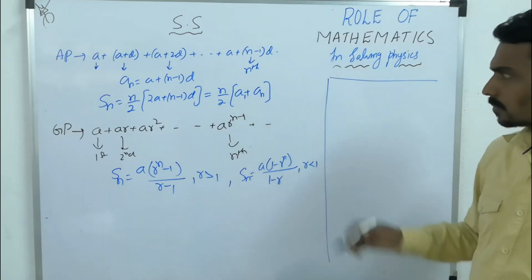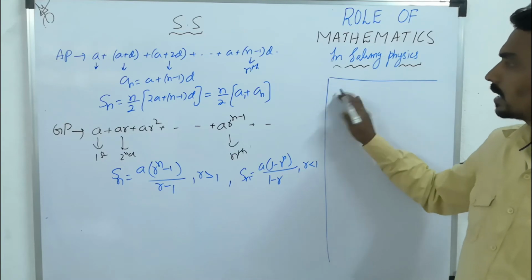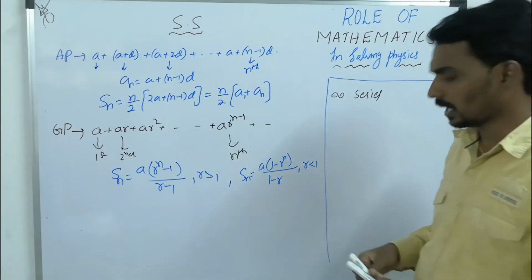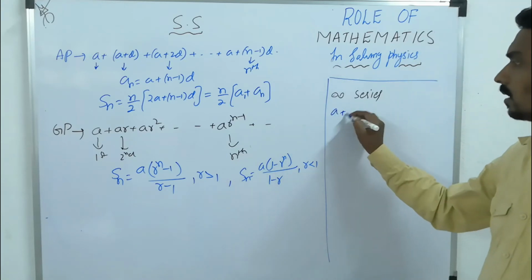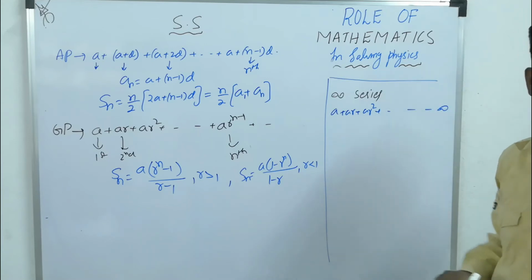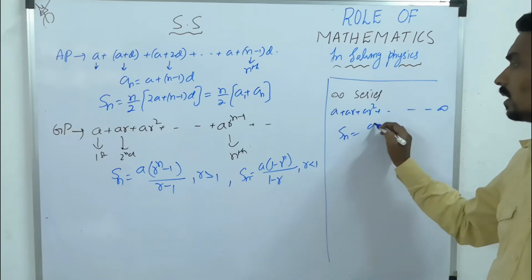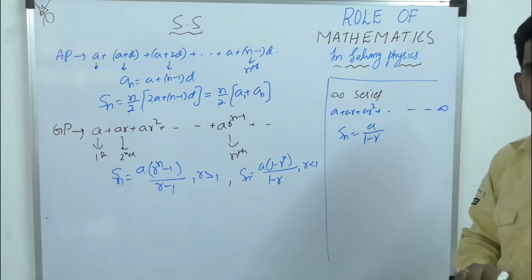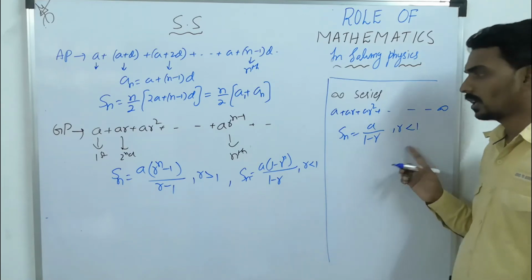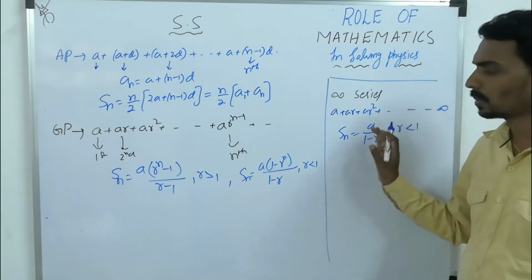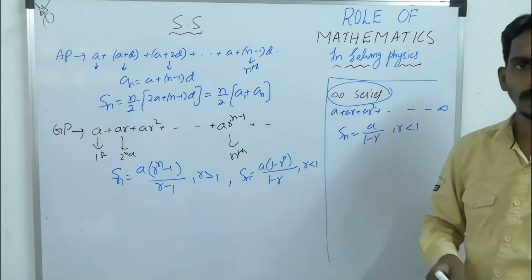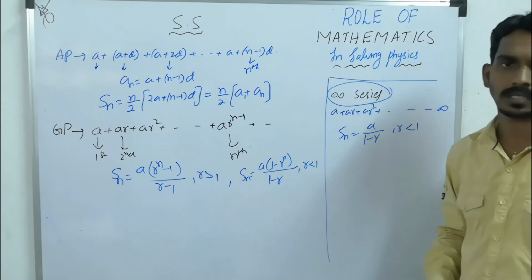Most of the time we get the infinite series, a plus ar plus ar square, and so on up to infinity. Then the sum is a by (1 minus r), where r is less than 1. So remember this, it is the most important one. Many times you will get it in physics.